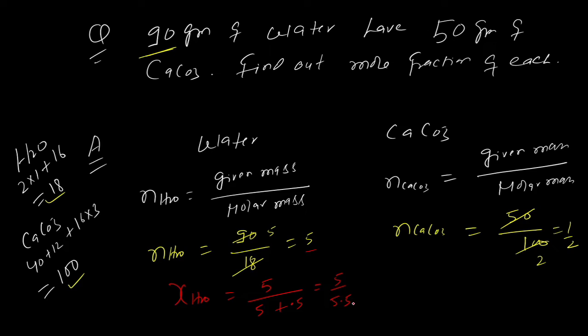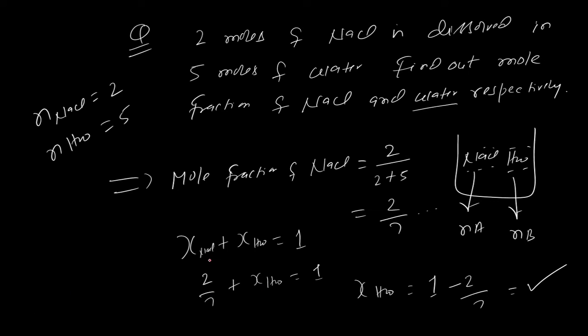So whatever will come, that will be the mole fraction of H2O. Now in a similar way, you can find the mole fraction of CaCO3, which is equal to 1 minus 5 upon 5.5, because as you know, the mole fraction of A plus the mole fraction of B is equal to 1.